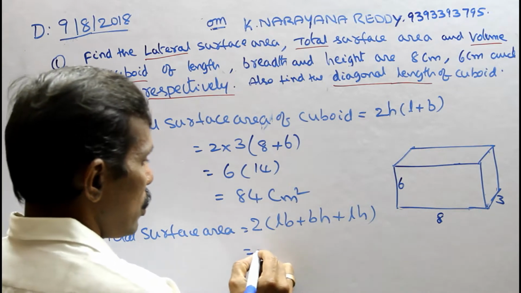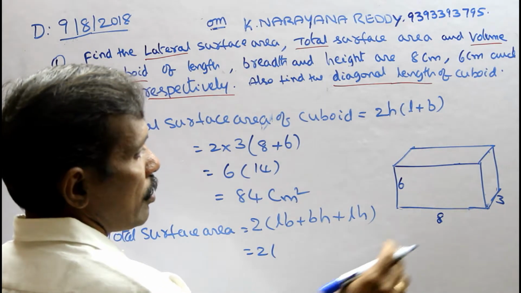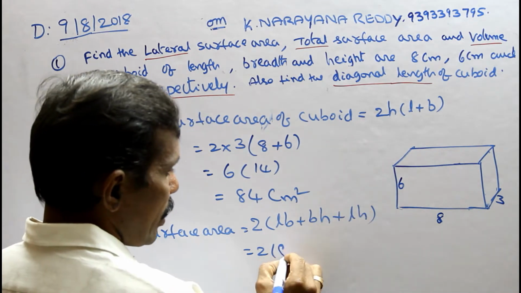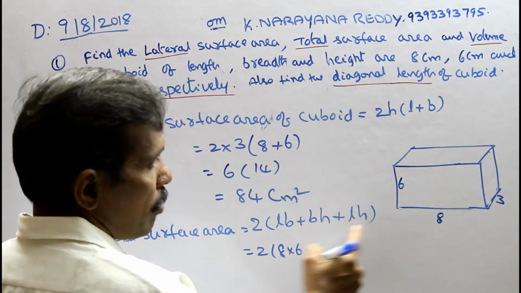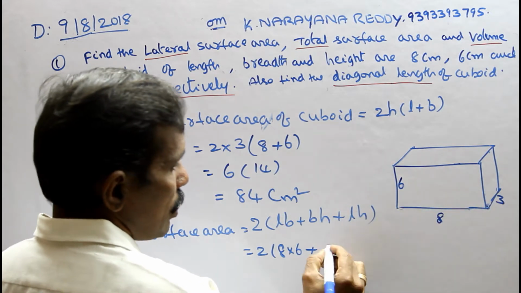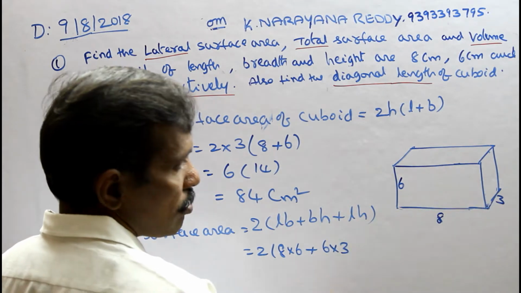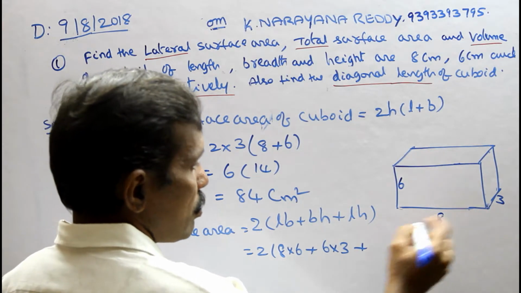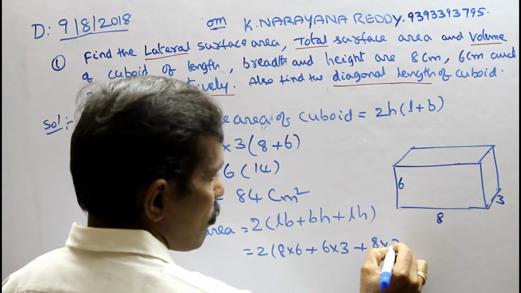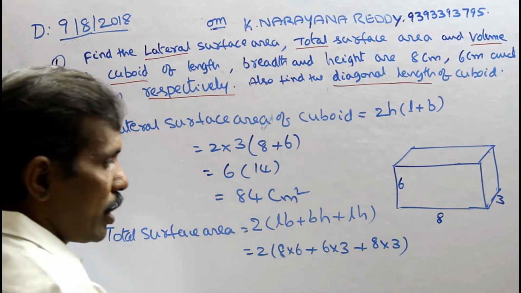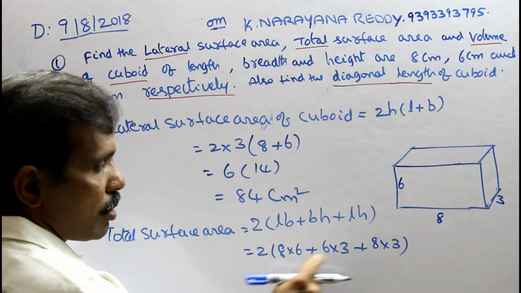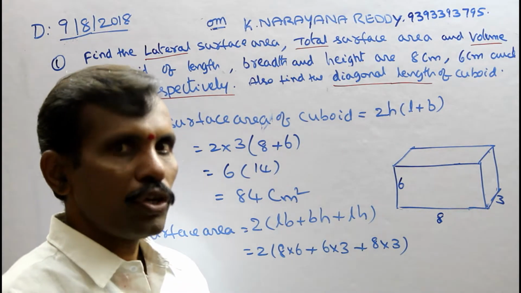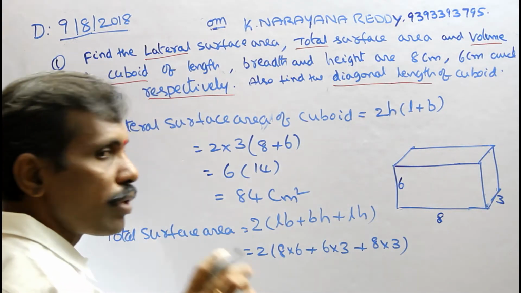Means 2 into length into breadth, 8 into 6, breadth into height, 6 into 3, plus LH, length into height, 8 into 3. Here you have to observe one thing: length comes 2 times, breadth comes 2 times, height comes 2 times.